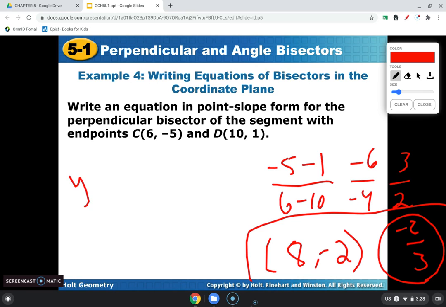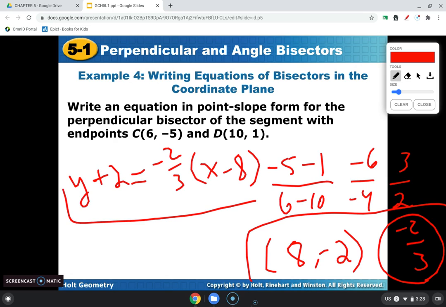So we're going to go y plus 2 equals -2/3 times x minus 8. There is your equation in point-slope form of the perpendicular bisector. So make sure you find slope, take the opposite reciprocal, and then find the midpoint, put it in point-slope form.